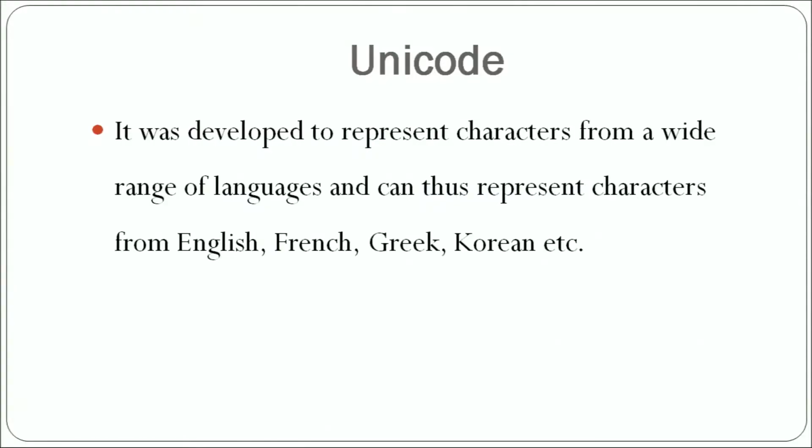But then we have the Unicode number system, the Unicode character set. It was developed to represent characters from a wide range of languages, and it can thus represent characters from English, French, Greek, Korean, etc. All these languages. It takes the ASCII codes and it adds other codes also.